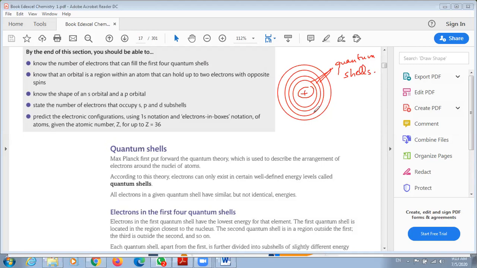Now, we call the shells n equals 1, n equals 2, n equals 3, n equals 4. These are the principal shells. When instruments became more and more modern, more advanced, then scientists found out that these shells are divided into a number of what we call subshells.